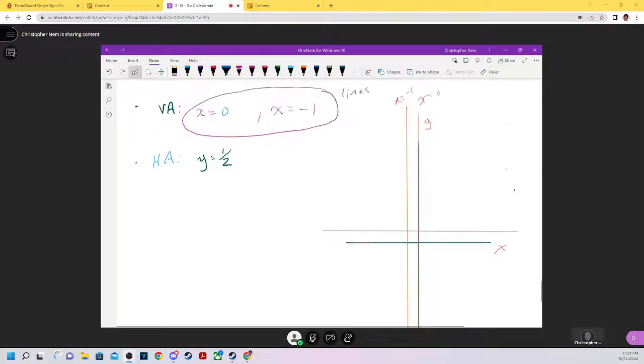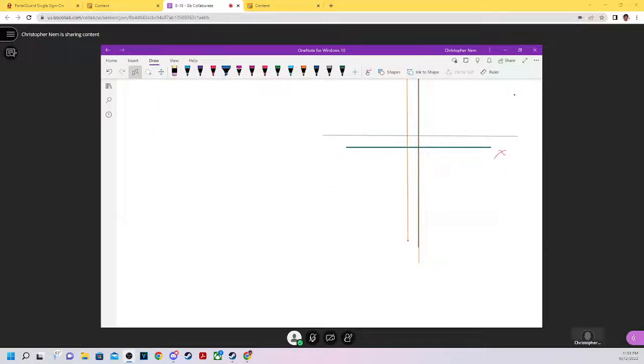So let's look at 0 first. Let's draw a table for 0. So the behavior at the vertical asymptotes. Well, in our case, let's do a table.